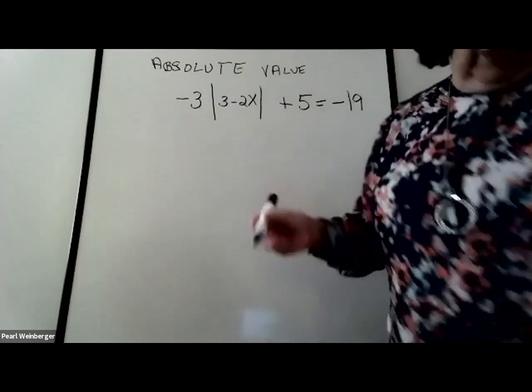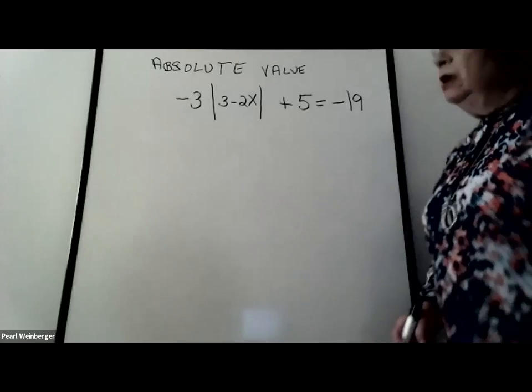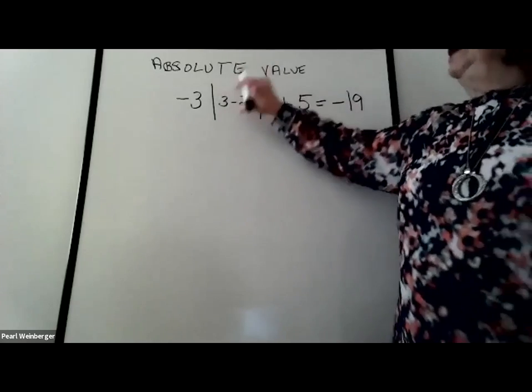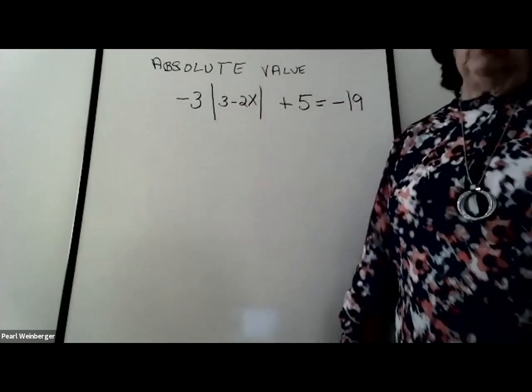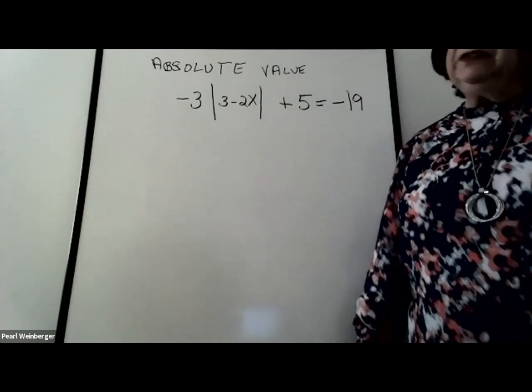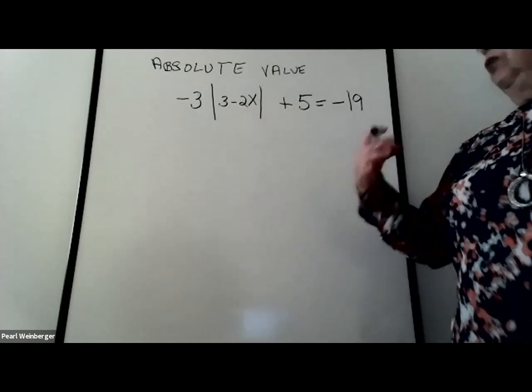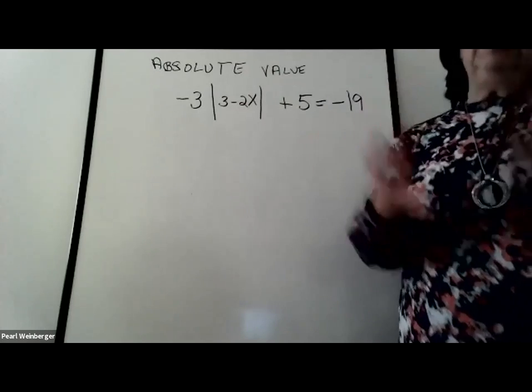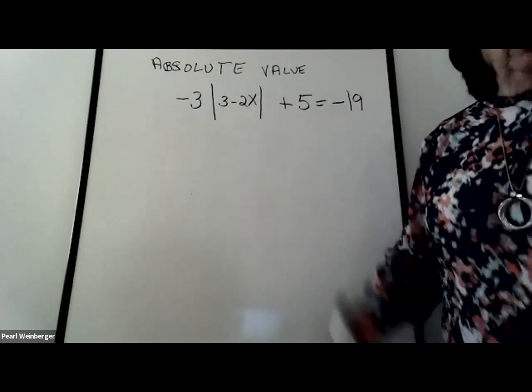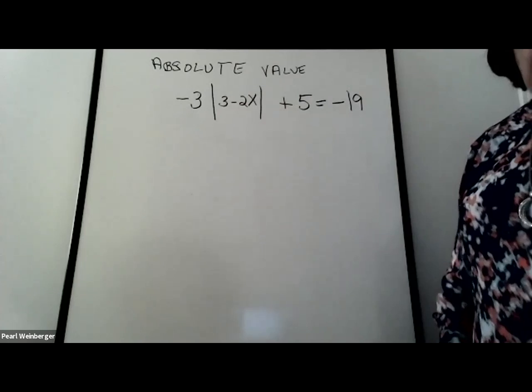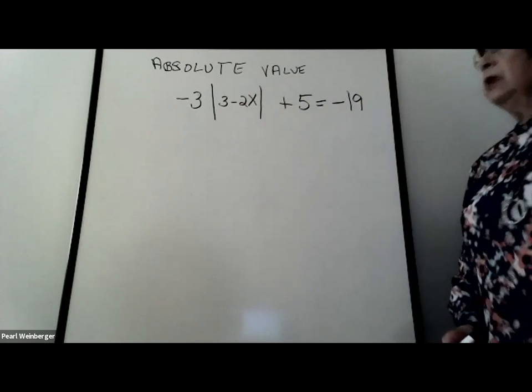Obviously, it's a lot more complex than the first one we did, but if you think of the absolute value sign almost like a parentheses, then it's really the difference between a very simple equation and one that's a little bit more complex.